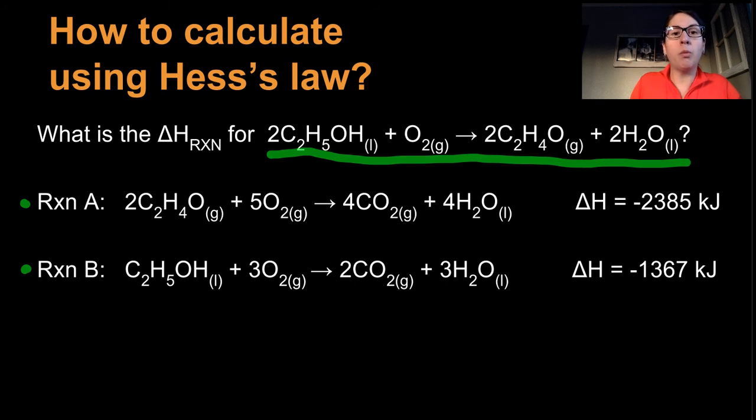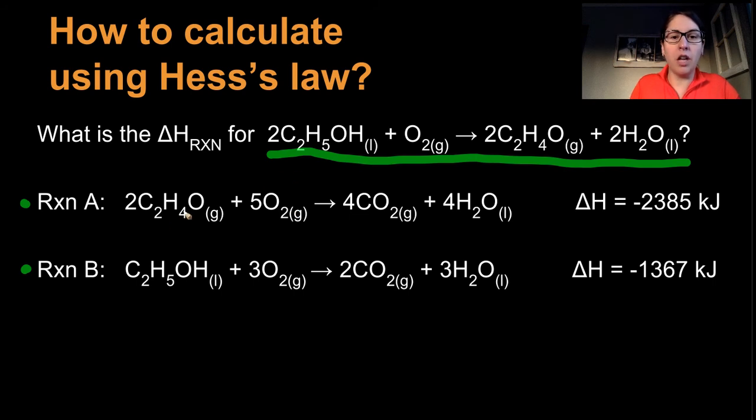Okay, now when we do that, it's kind of like taking the pieces of a puzzle and making them fit what the front of the box looks like, which is this one up here. And so we're going to manipulate a couple of things. The first thing that I need to do is take a look and find something that's in each one of these reactions that I only find on one side of the reaction of interest.